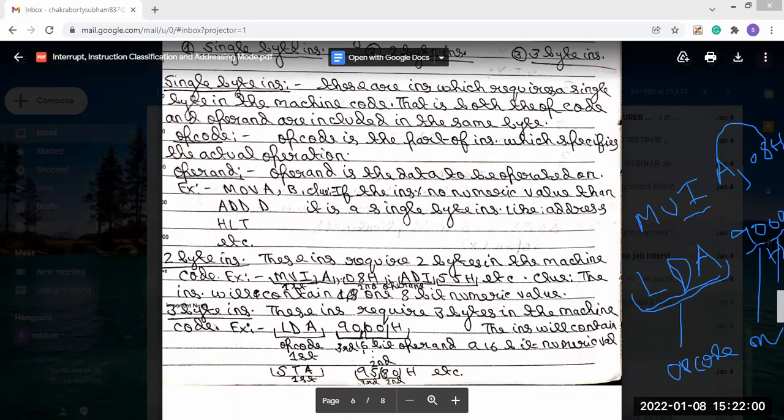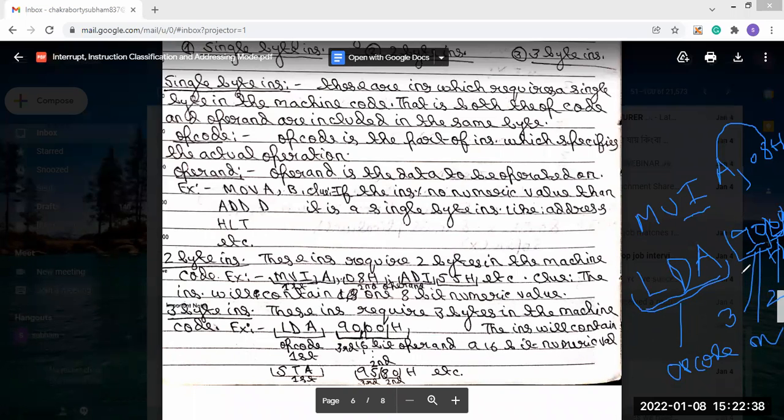This 00 is the second byte, and this 90 is the third byte. So we divide this as a 3-byte instruction. LDA is the opcode and the first byte. In 9000H, this 00 is the second byte, and this 90 is the third byte. So the total instruction is a 3-byte instruction.